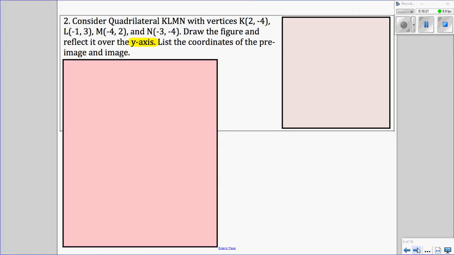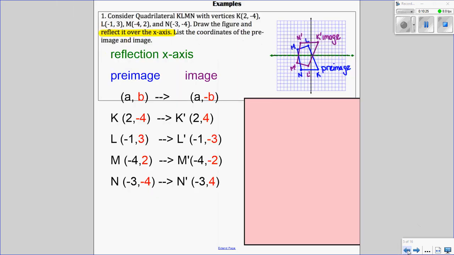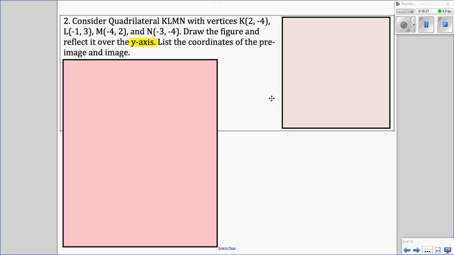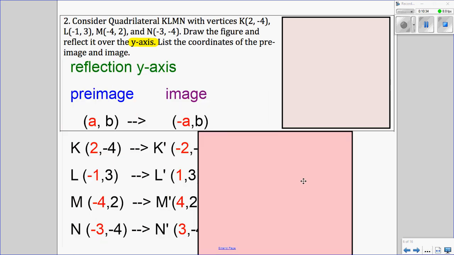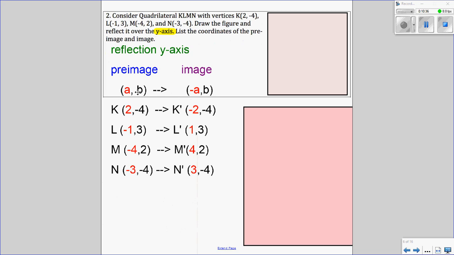For the next one, we have the same vertices that they gave us for the other problem, but now we're going to reflect it over the y-axis. So that means this x part is going to change. The a part is going to change, but the b is our pivot. We write down what they gave us, and we're going to only change the a.